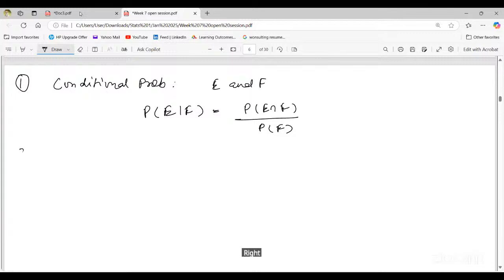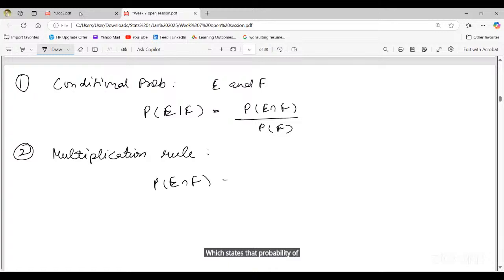Then we have the multiplication rule, which states that the probability of E intersection F would be equal to the probability of E given F times the probability of F. Correct.